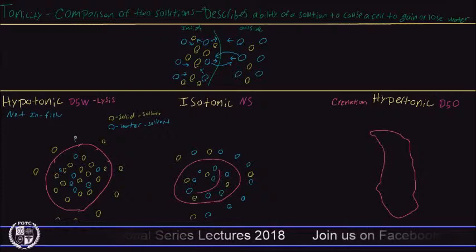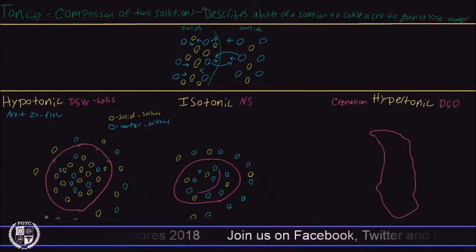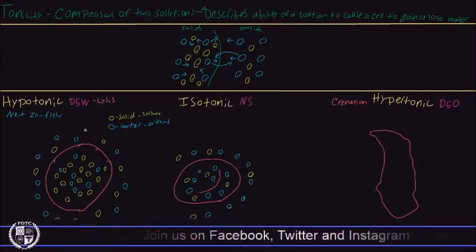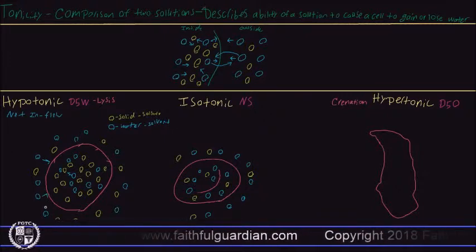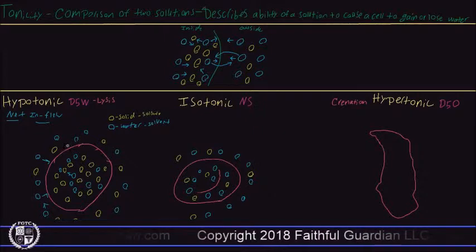I have a good bit more water molecules in relation to the solid particles outside the cell than I do inside the cell. And so I have a higher probability of water molecules going into my cell than leaving my cell. This again results in that net inflow, and this is going to cause the cells to get larger.